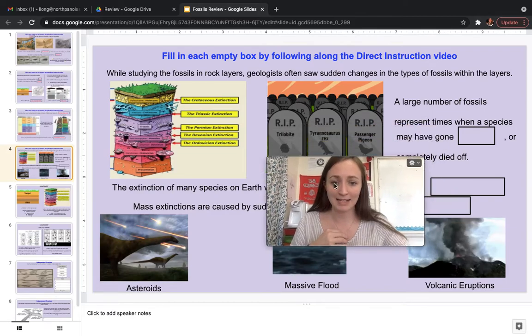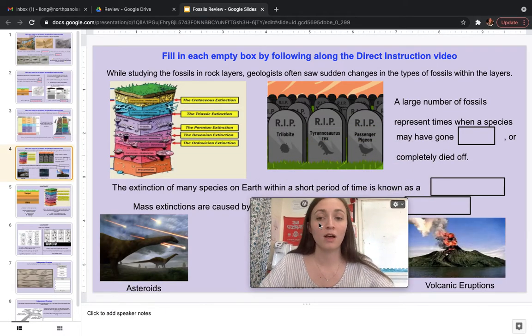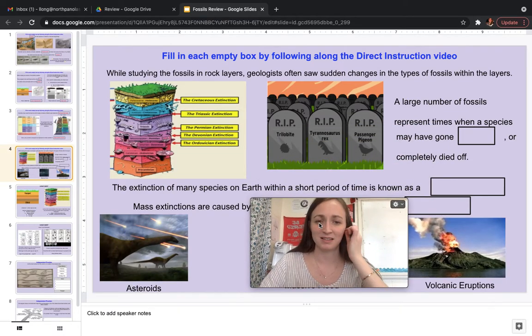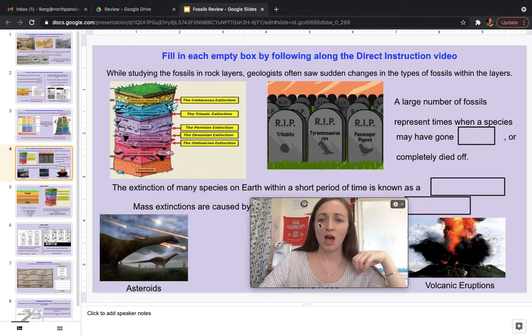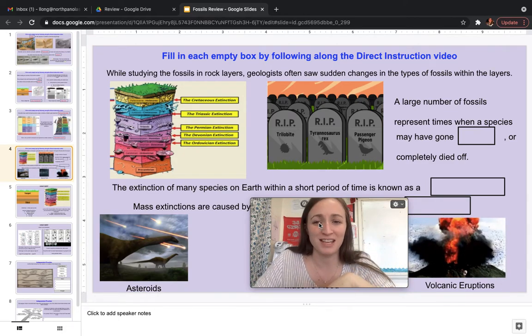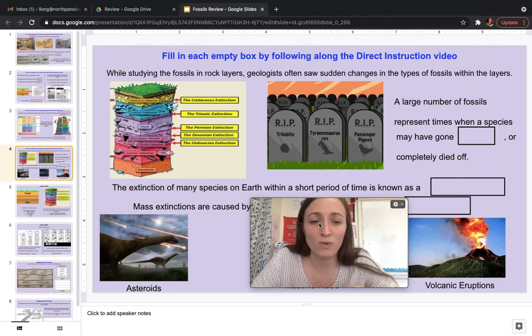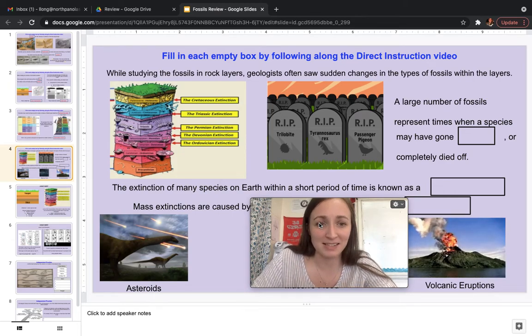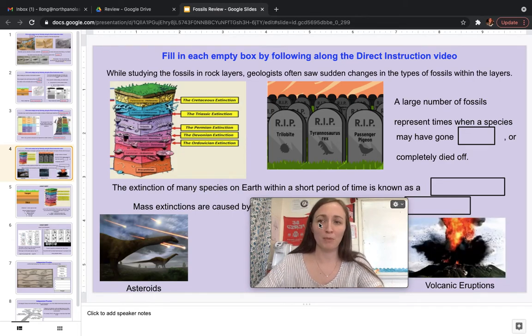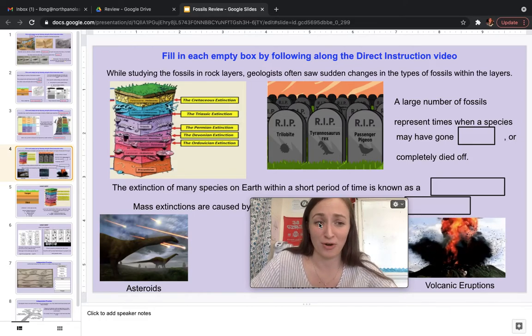Last slide. Last thing that we really hit up about fossils, and I think this is kind of an interesting one. The other thing that fossils can tell us is when we have a big extinction. We remember, most of us knew this coming into the 8th grade already.